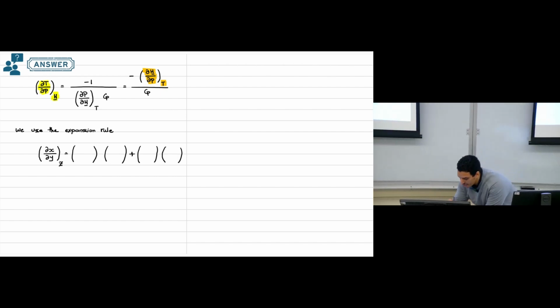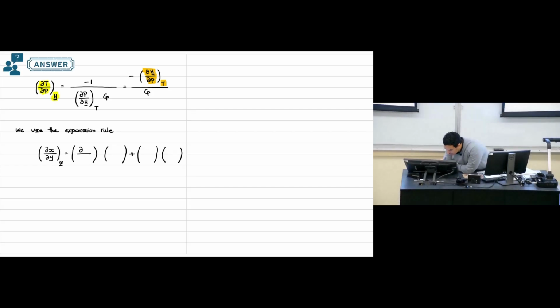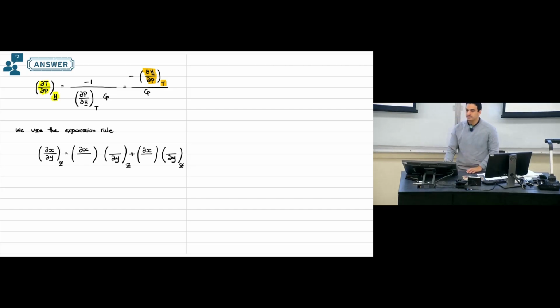And the arrangement of the variables is very important. So here we will put dx, and here we will put dx. Then we have dy, and here dy at constant z. So this is at constant z, and this is at constant z.